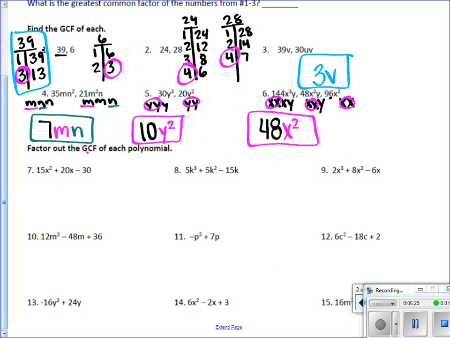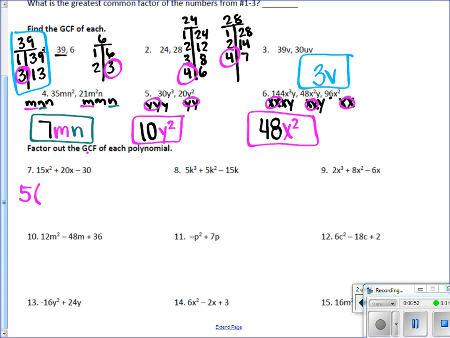We're factoring out the GCF of our polynomials. Look at number 7. We have 3 terms. What's the greatest common factor of all 3 of those numbers? 5. We are undoing multiplication. So it's like we're undoing the distributive property.